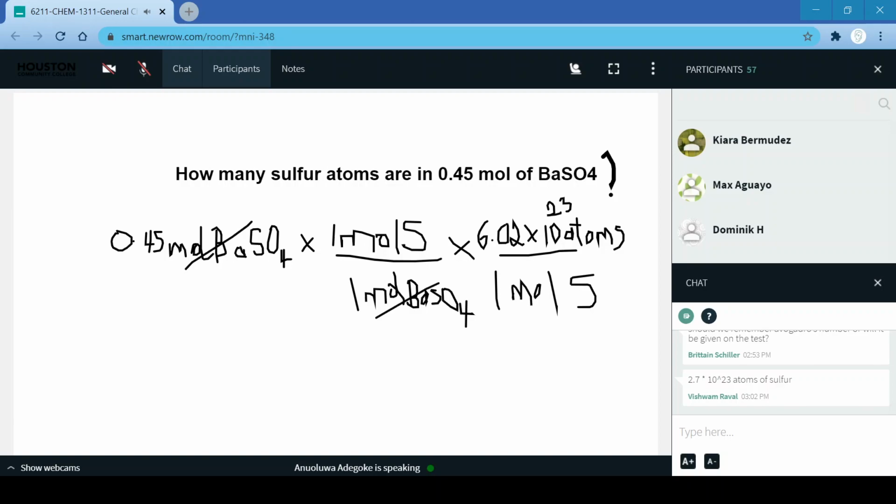The only one that should remain is the atoms of sulfur. That is correct, so that is 2.7. So our final answer will be 2.7 times 10 to the 23 atoms of sulfur.